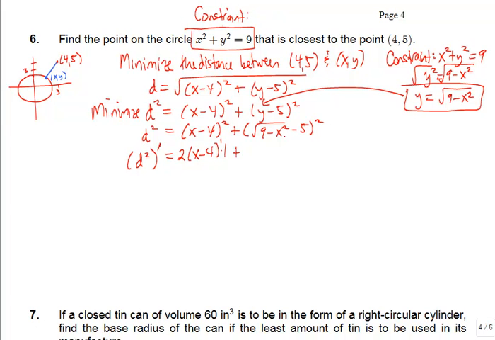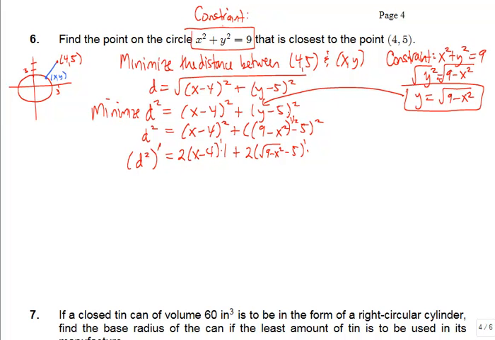Now I'm going to do the same thing on this second piece. Bring down the square, what's inside stays the same, reduce the power by 1, but then I need to multiply this by the derivative of what's inside. And this square root of 9 minus x squared is really, if you want to change that square root to a 1/2 power, then it might make it easier to see what the derivative of this inside piece would be.